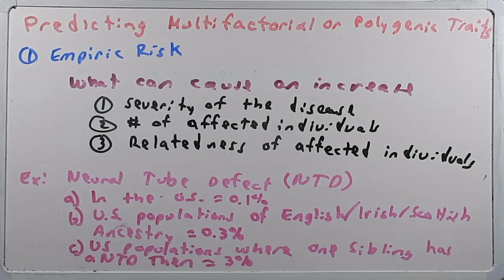So you can see by changing the population and considering how related the individuals are, the empiric risk changes. Your book discusses how the empiric risk changes for individuals with a cleft lip. If you want to, you can look at that. I won't ask anything specific about it, but that does offer a nice example of how the empiric risk changes based upon how closely related individuals are.